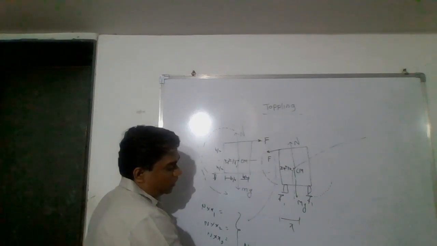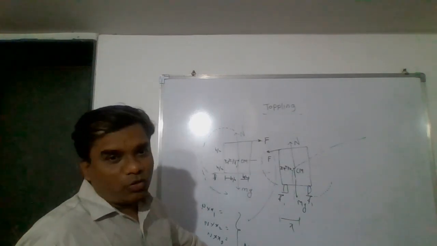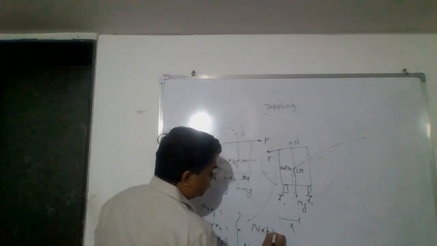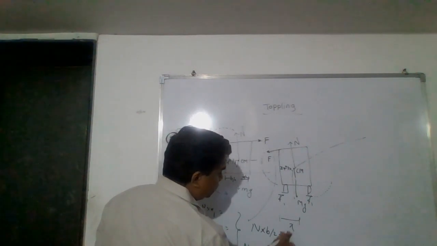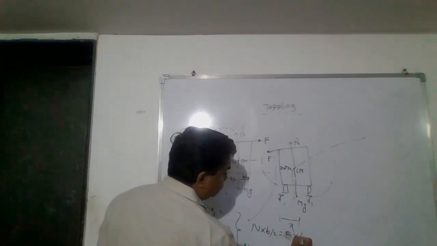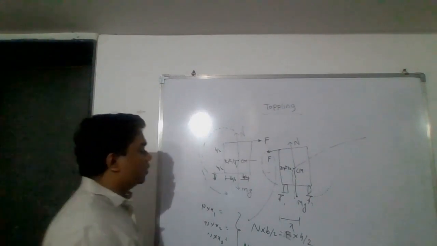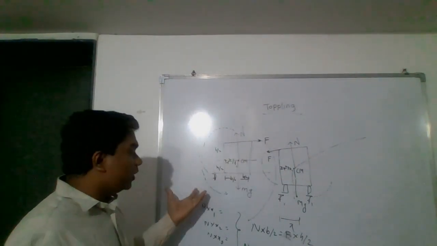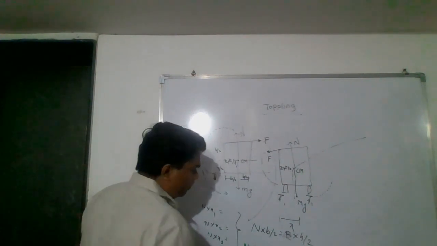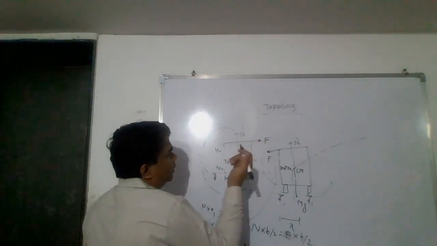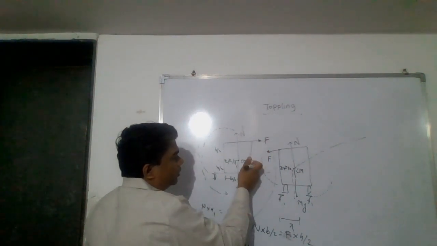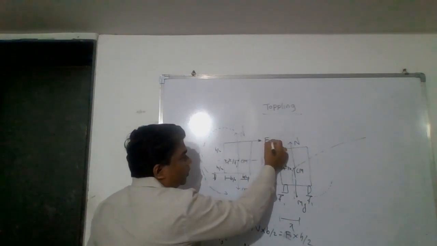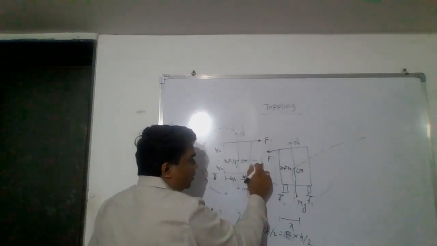After that, if we increase the value of the force, the unbalancing couple increases and the vehicle topples. Now either we can increase F, or we can adjust the h value here.